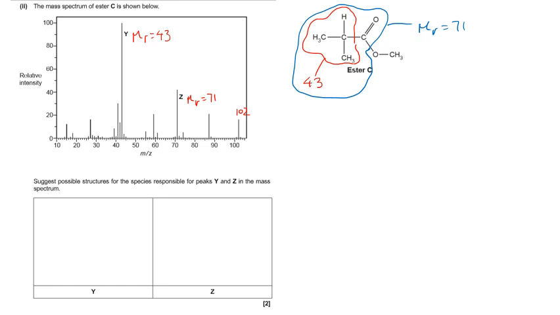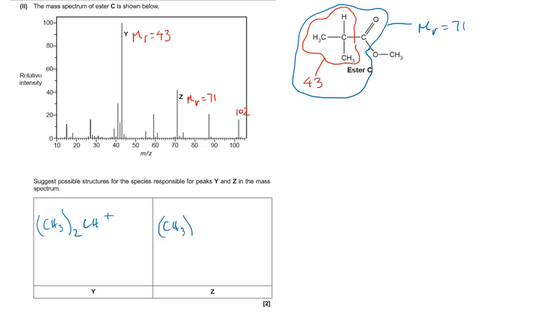Okay, so that means the structure of Y is going to be CH3CH2CH2, all right, should have written this in red, right, but let's not forget we've knocked an electron off with our electron bombardment, so we need the plus charge there, and then we can put Z in here, so we can add carbon and oxygen in there.